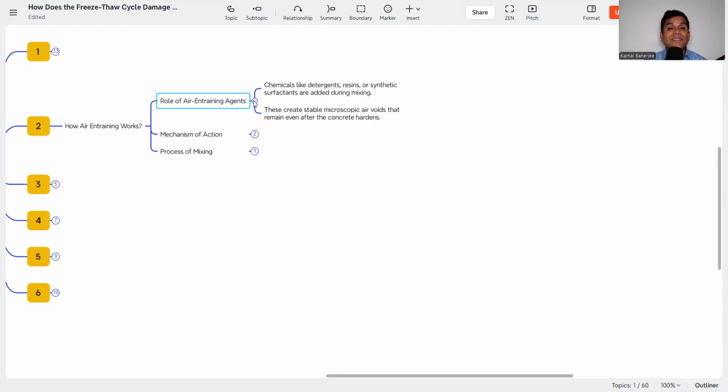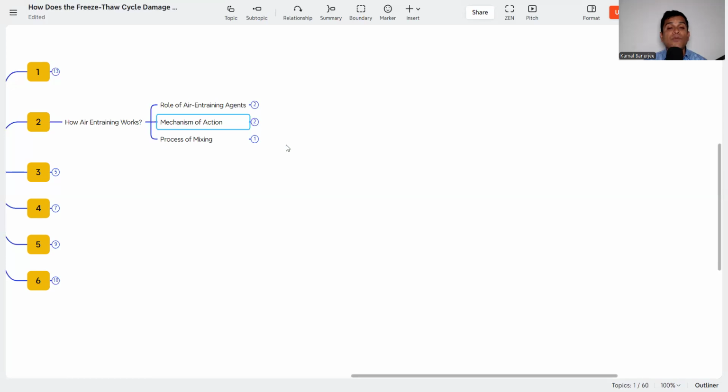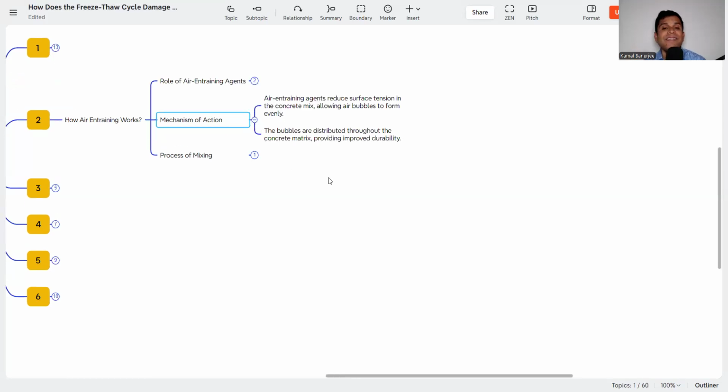So what is the function? Then how does it work? The air entraining agents reduce the surface tension in the concrete mix, allowing air bubbles to form evenly. These bubbles are distributed throughout the concrete matrix, providing improved durability. So whenever these air bubbles are there, they act as a barrier. So how can we mix?